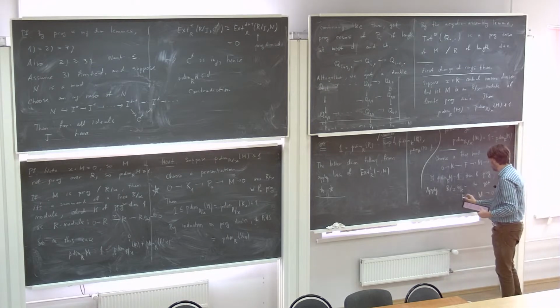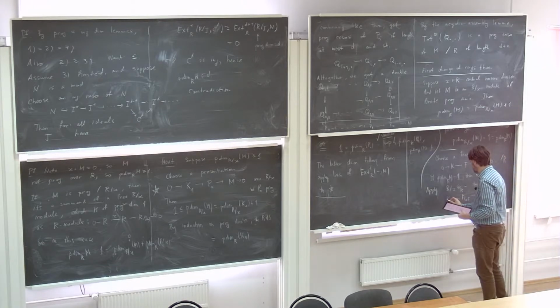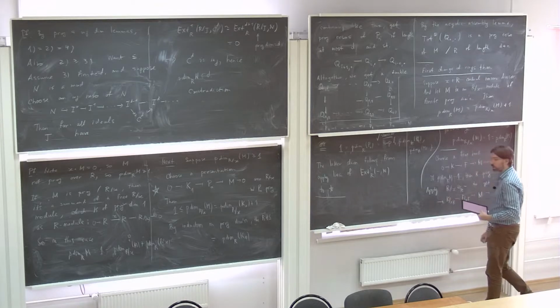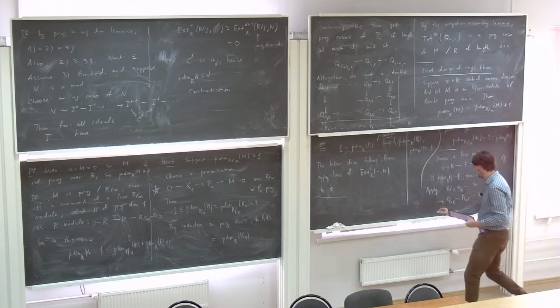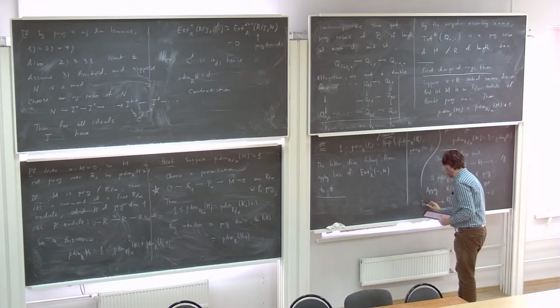I'll get F mod xF. I'll get K mod xK, whatever that is, and then there'll be a Tor1 term. And the next Tor1 term will be 0 because F is free.